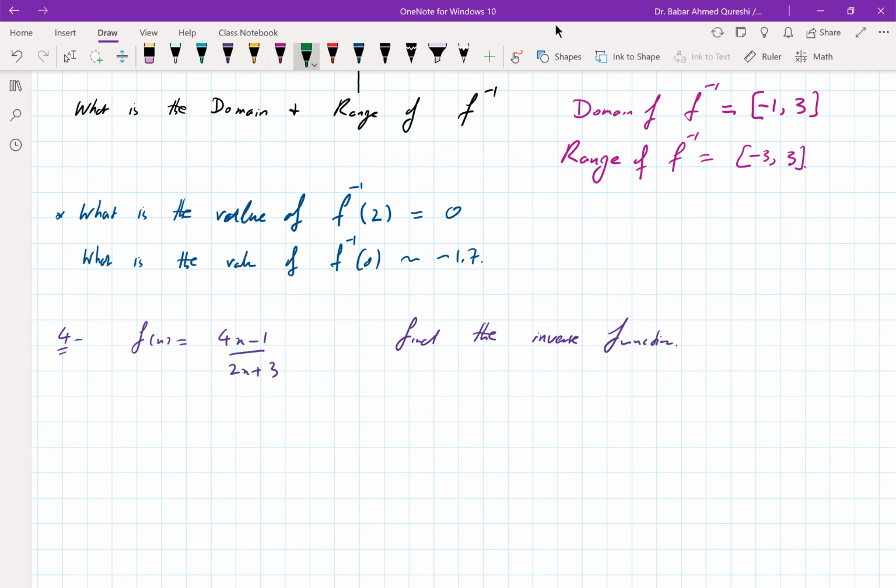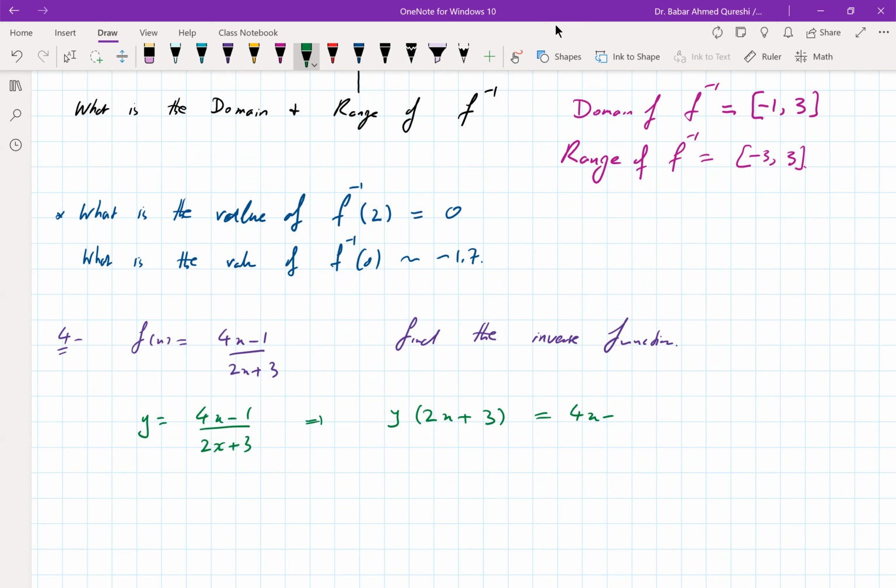So all you need to do is write this equation and solve it for x if you can. In many cases, you won't be able to do it, but you just have to look for some clever tricks. If you can find, good. Otherwise, you don't know the inverse.